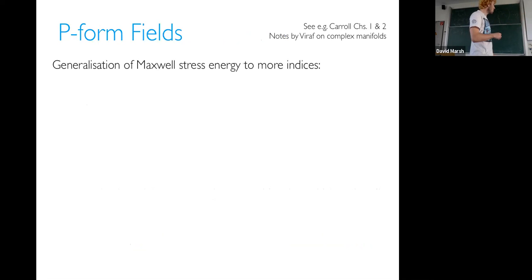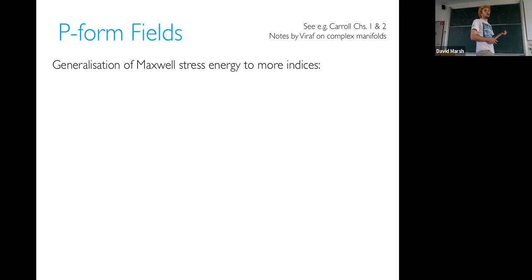So what are p-form fields? This is where I'm going to use, for a little bit, some notation you probably haven't seen before, for which I point you to Carroll's book on GR, chapters 1 and 2. They're also introduced in Green, Schwarz, Witten. There's a nice chapter on them, I think chapter 8 in GSW 2.